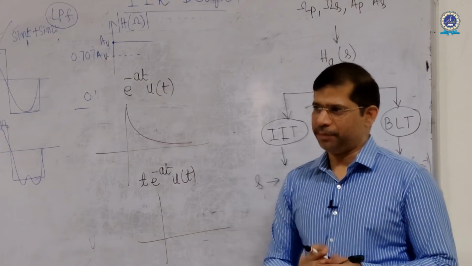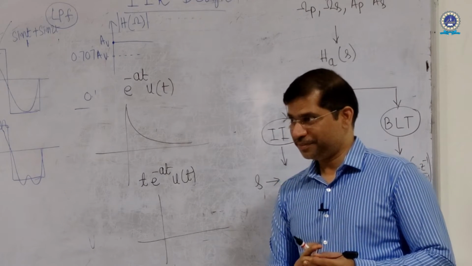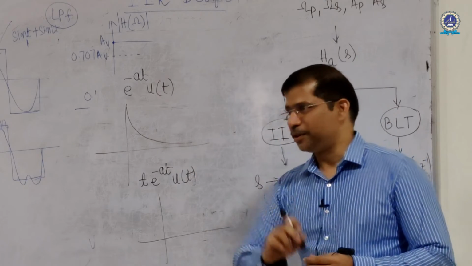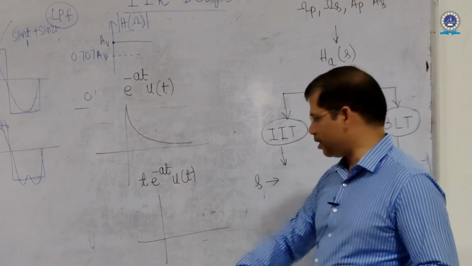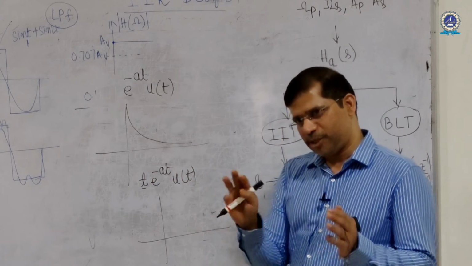Same concept you have to apply here. t is unbounded, e power minus at u(t) is bounded.